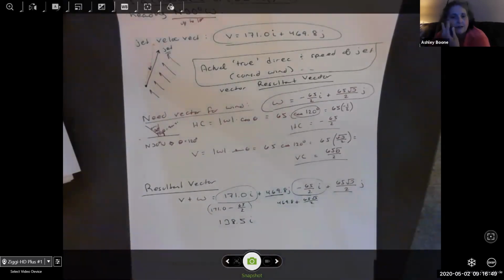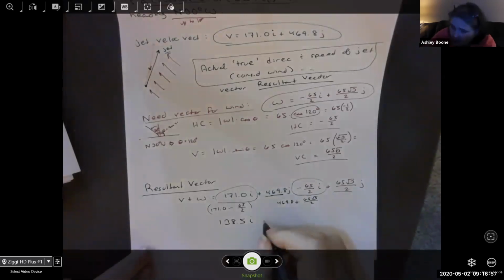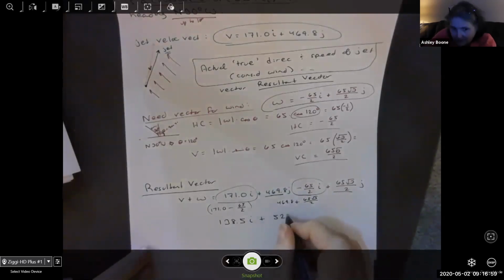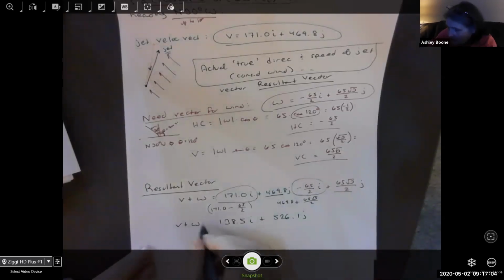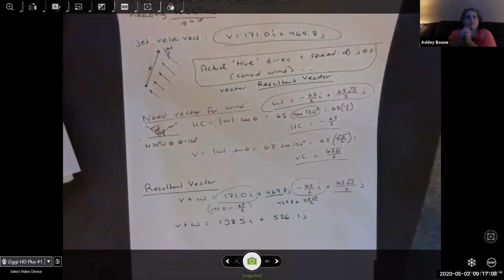I always try to leave it in exact form until the final answer as much as possible. So evaluate that. That's a positive 526.1J. So our resultant vector, V plus W, is 138.5I plus 526.1J. What's happening?